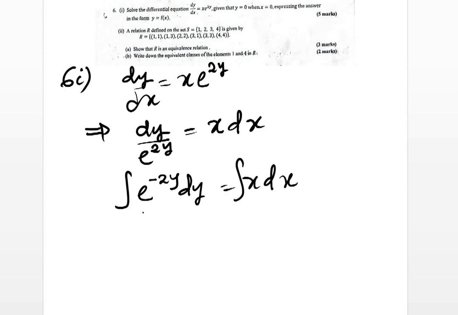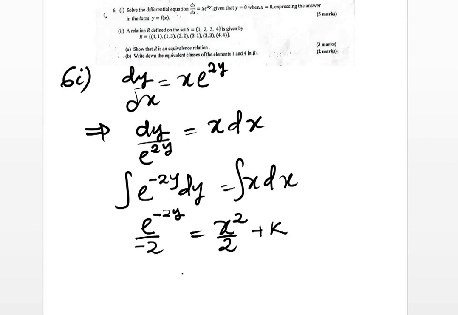This integral, when you integrate e to the negative 2y, remember from indices, 1 over a to the power n is a to the negative n. So when you differentiate that, it will be negative 2. So our answer here is e to the negative 2y divided by negative 2, and here is x squared over 2 plus k.